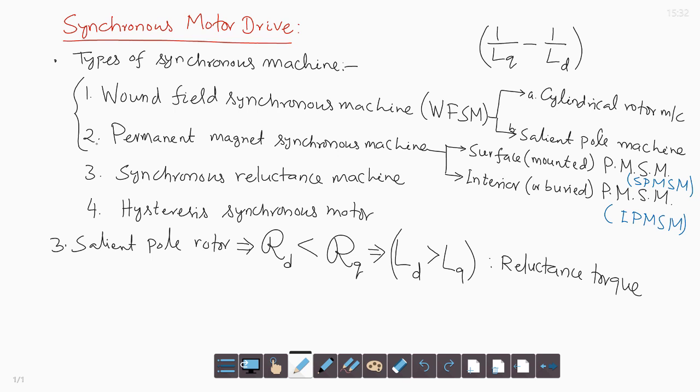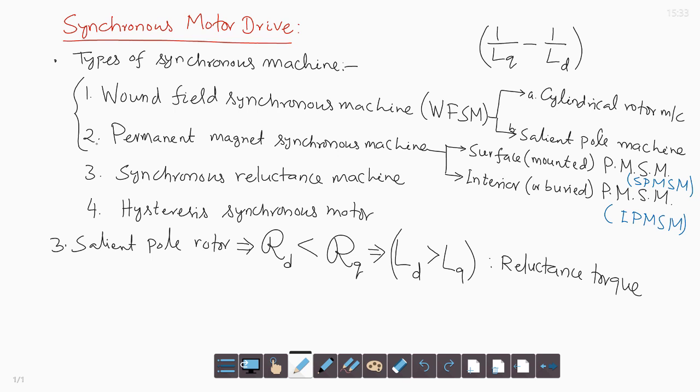So, to minimize that braking torque in the permanent magnet synchronous machine, the permanent magnets on the rotor are given a special construction, so that braking torque is minimized. That is by construction of the permanent magnet and the rotor mounting.